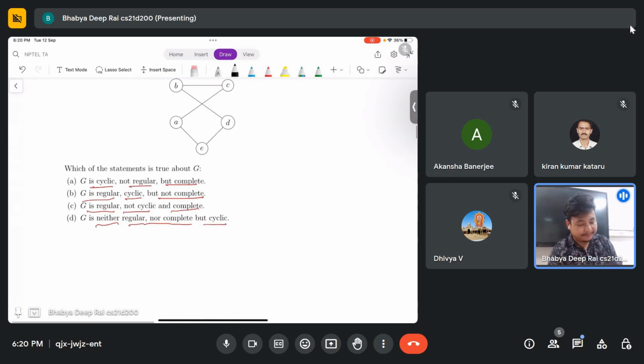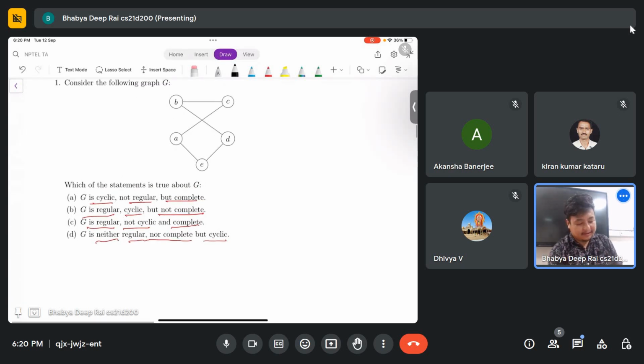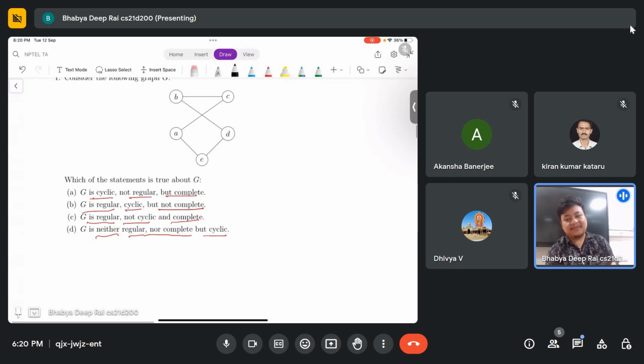That is correct. Now let's see why. Let's check for each of the properties. Let's check completeness, whether it's a complete graph or not. What is the property for complete graphs? Every pair of vertices should be connected with each other.